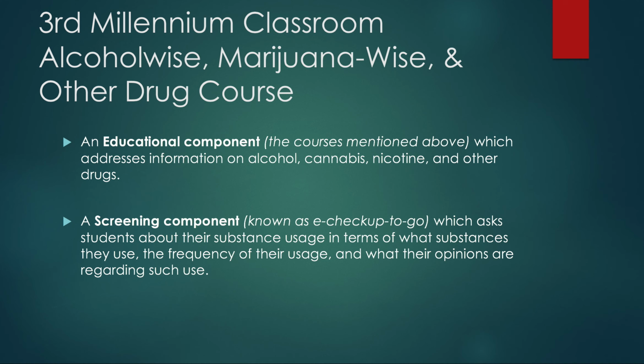But most importantly, it also includes a screening component, and this is known as eCheckup to Go, which is an artificial intelligence informed system which allows students to answer questions about their substance use and misuse, if that's present, and is given an automatic brief intervention based on the substance use that the student indicates.